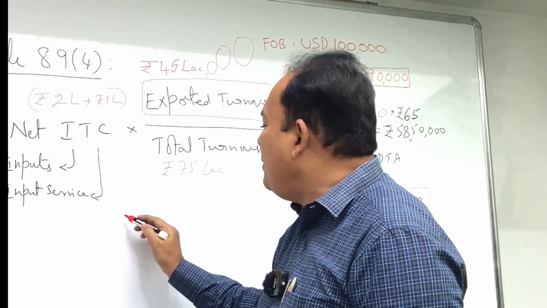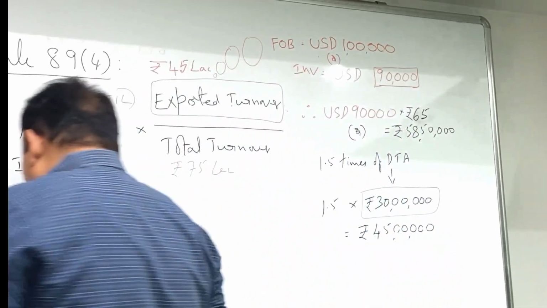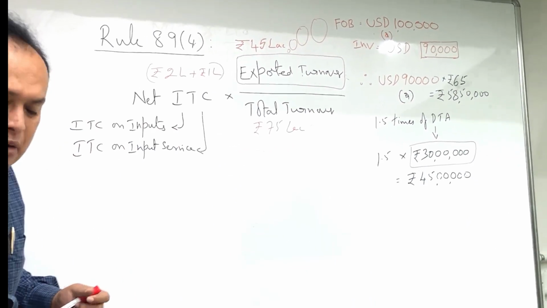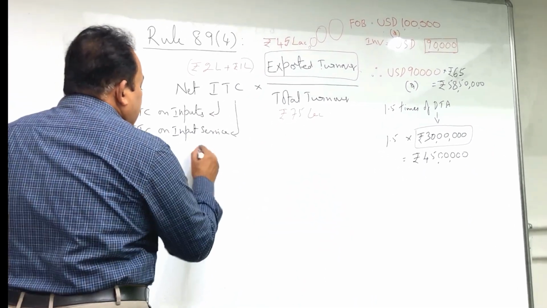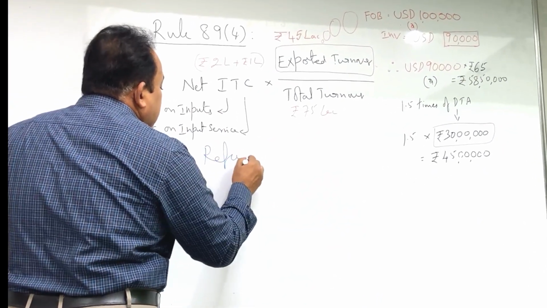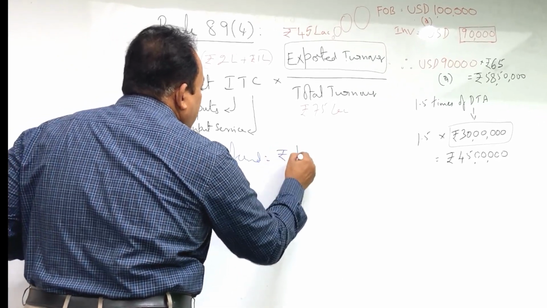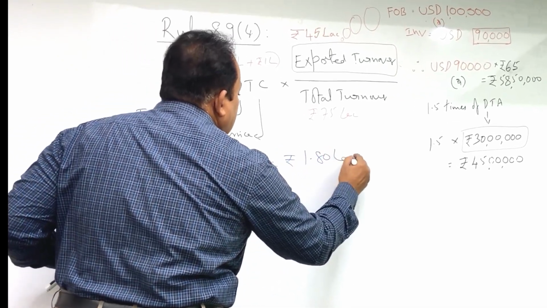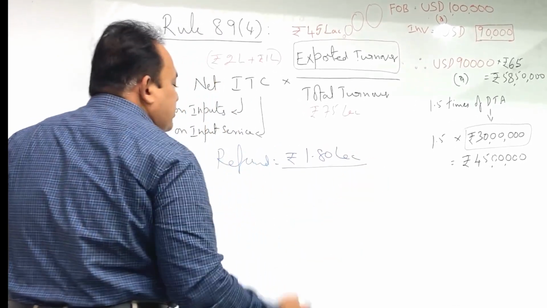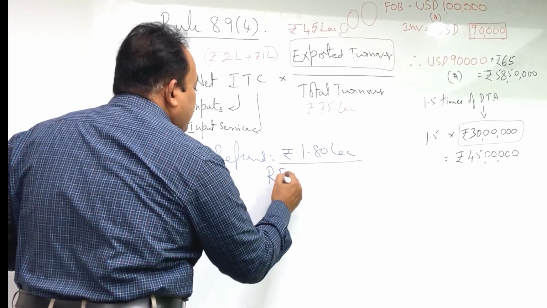So now tell me how much the refund amount is in the given case. Please tell me, my dear friends. That's it. 1.8 lakh is the refund amount which can be refunded.